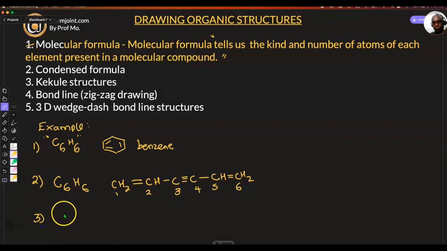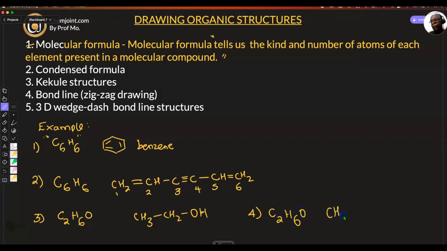I can give you another one here, maybe that of an alcohol. So let's say you have this molecule right here. You see, it's going to be C2H6 and then an O. It could be that structure, but at the same time, the same molecule with the C2H6O could be a molecule of this structure.